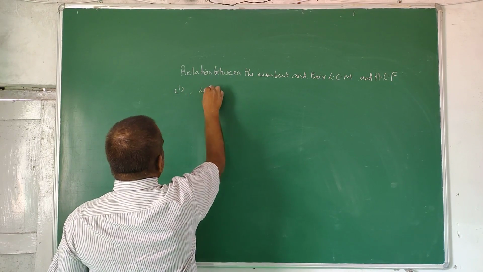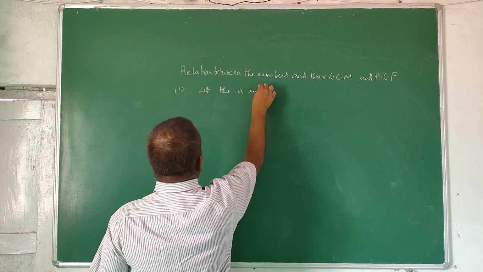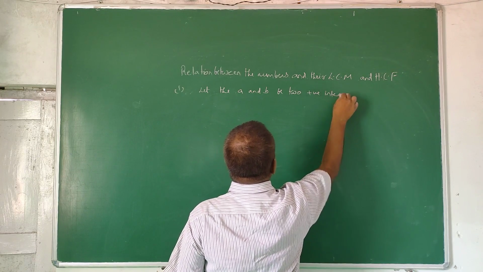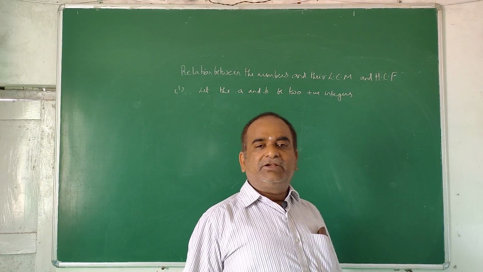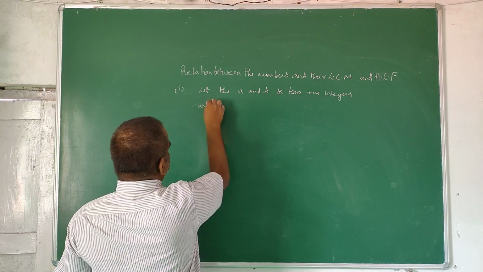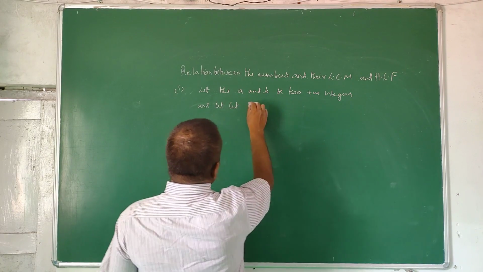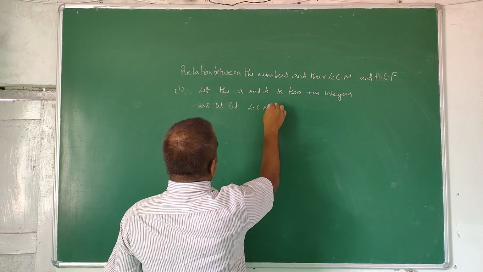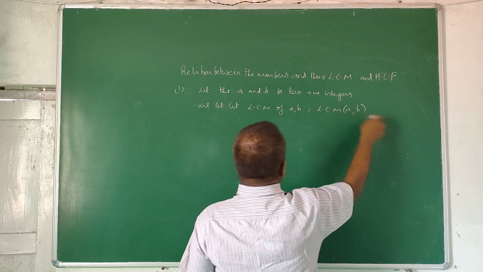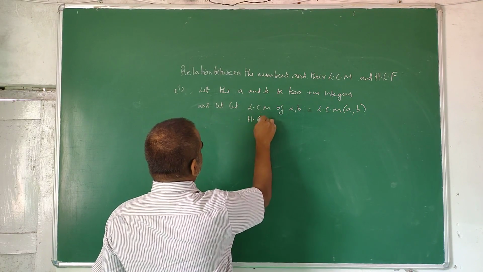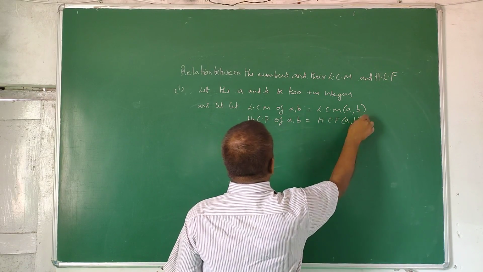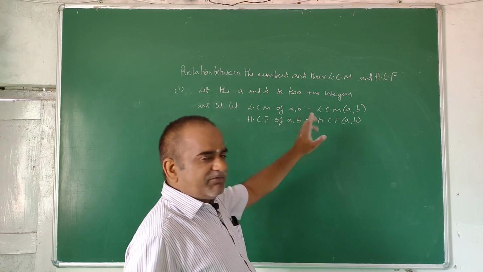See here, let A and B be two positive integers, and let LCM of A, B be equal to this, we take with this notation, and HCF of A, B. The only thing here is we are taking this kind of notation, LCM of A, B, HCF of A, B, for the sake of clarity.